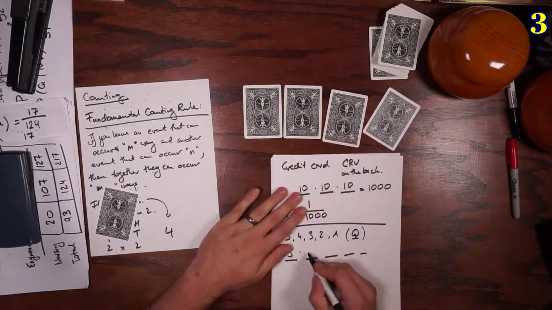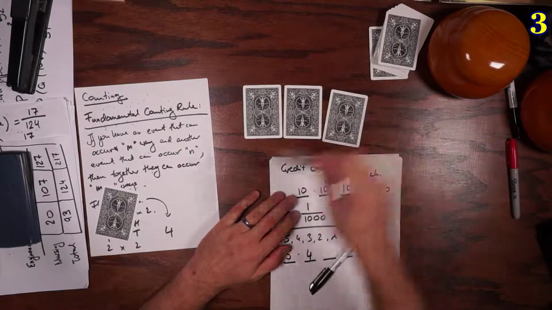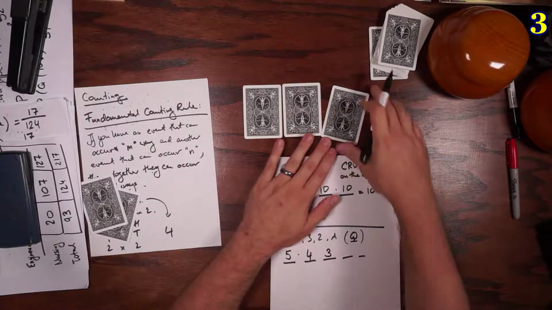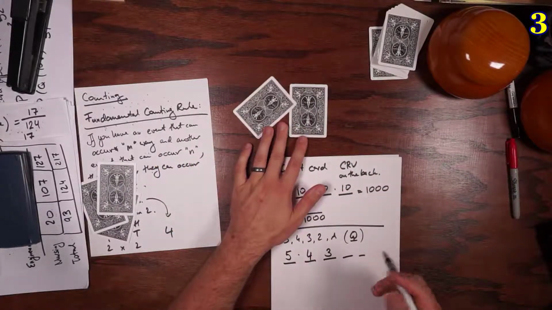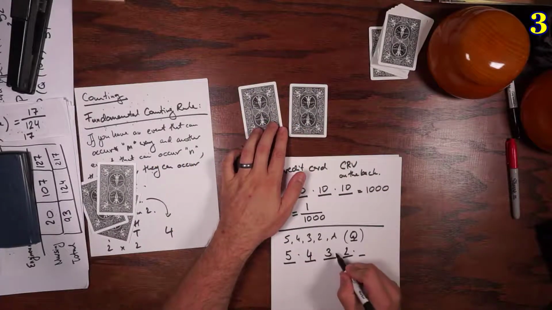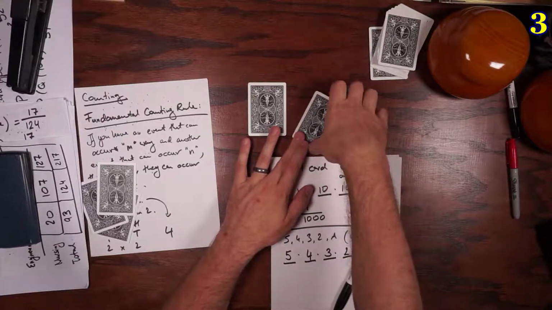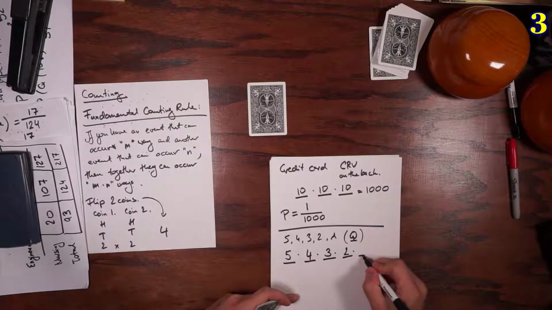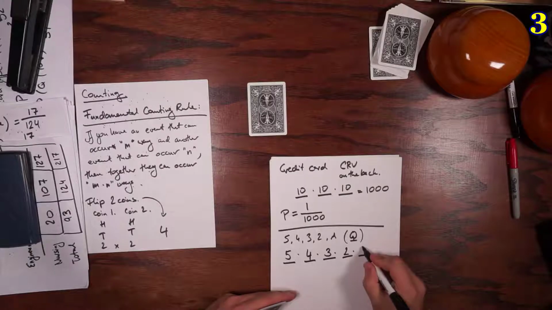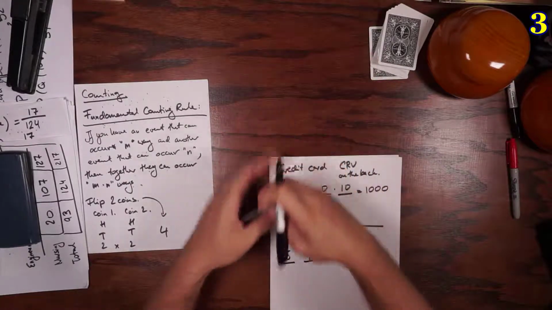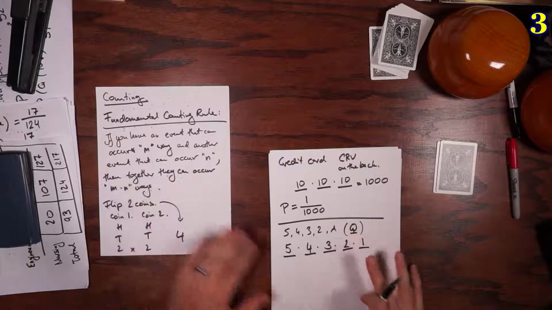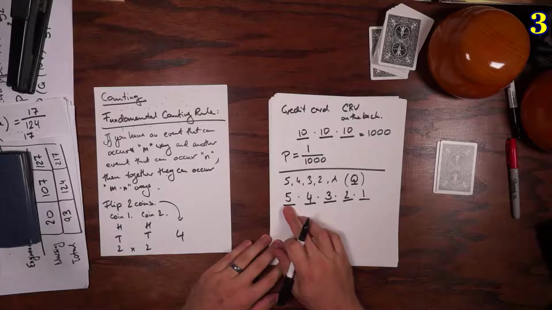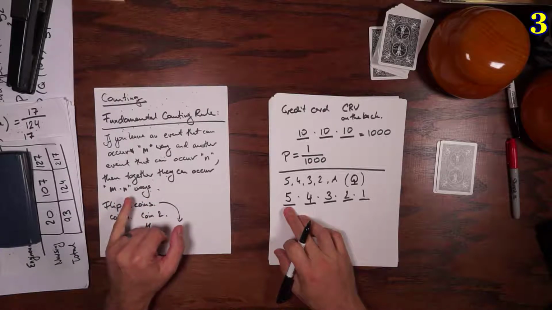How many choices do I have for the second place? Well, there's 4 cards left, so 4. How about now? Well, 3 cards. 3. Then I have 2. And then finally I'm left with 1 card, and 1 card is not a choice. Having 1 option is not a choice, but I put a 1 here. The fundamental counting rule tells us that if something happens m and n ways, together they're multiplied.